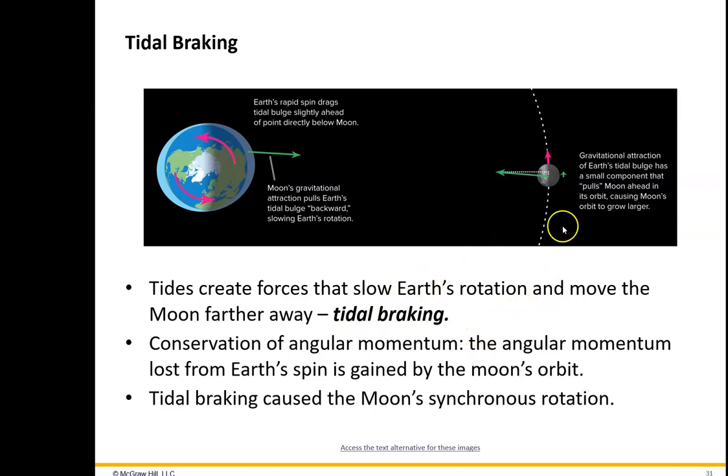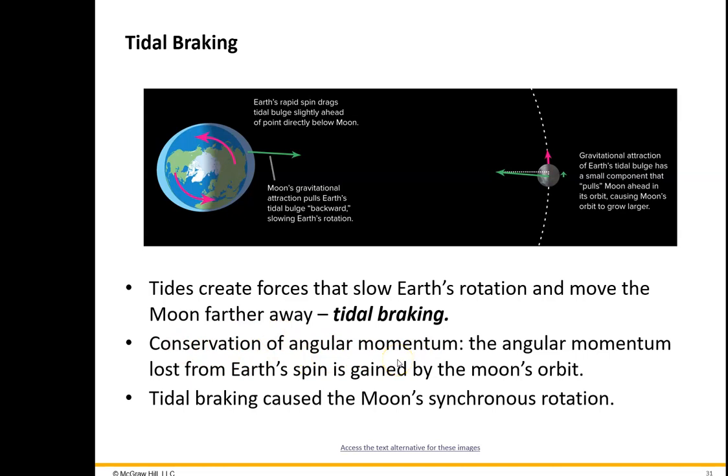The result of this is that the Earth is slowing down its rotation. And the other thing that's happening is that the moon's orbit is getting, very, very slowly, further and further away from the Earth. This all has to do with what's called the conservation of angular momentum.